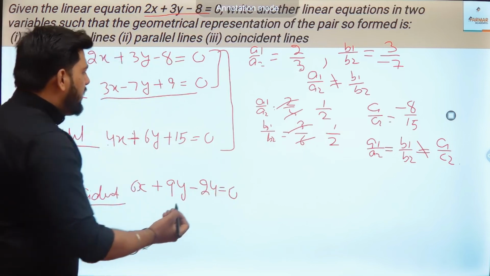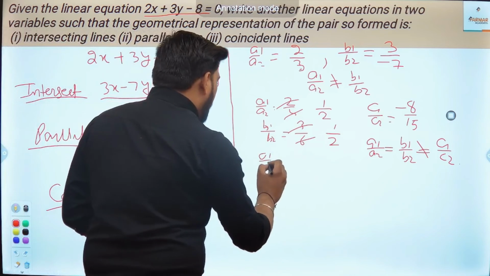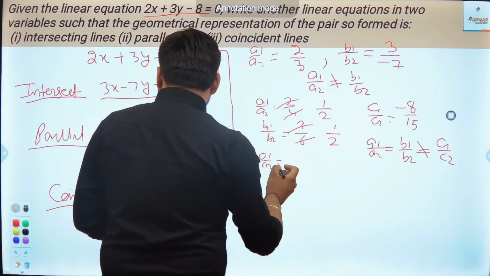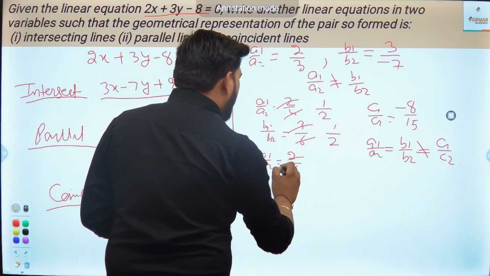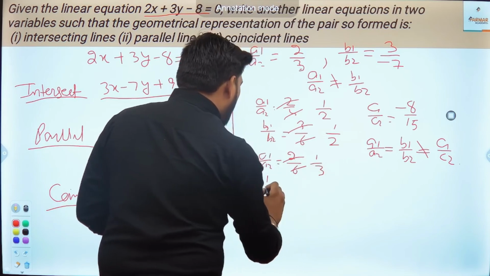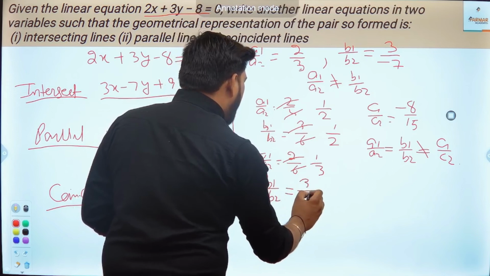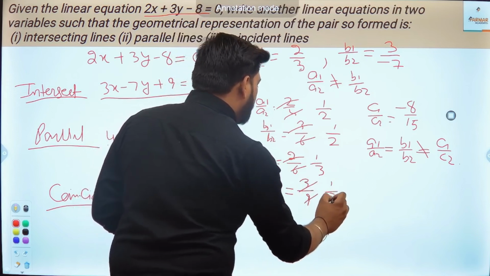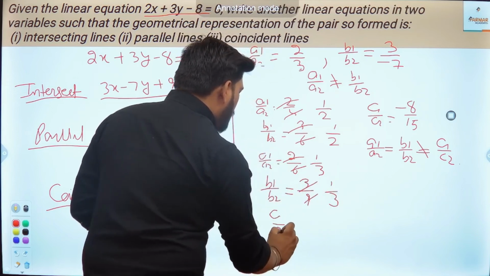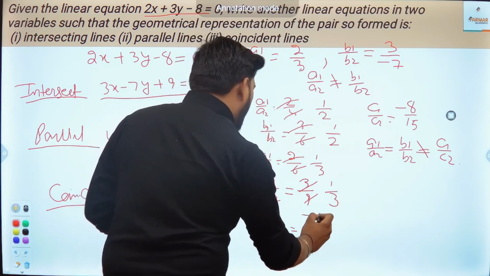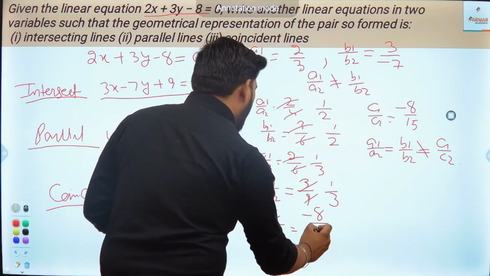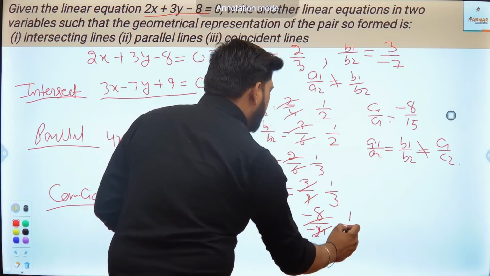Now look at the conditions. a1 by a2 is 2 upon 6, 1 by 3. b1 by b2 is 3 upon 9, again 1 by 3. c1 upon c2 is minus 8 upon minus 24, that is again 1 by 3.